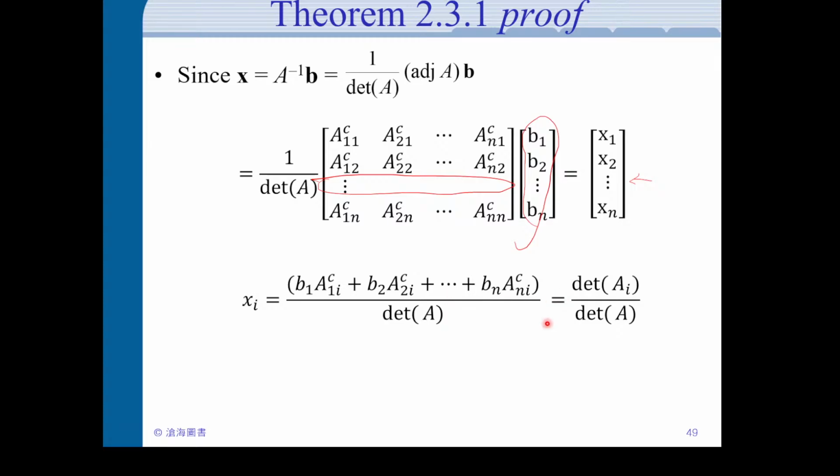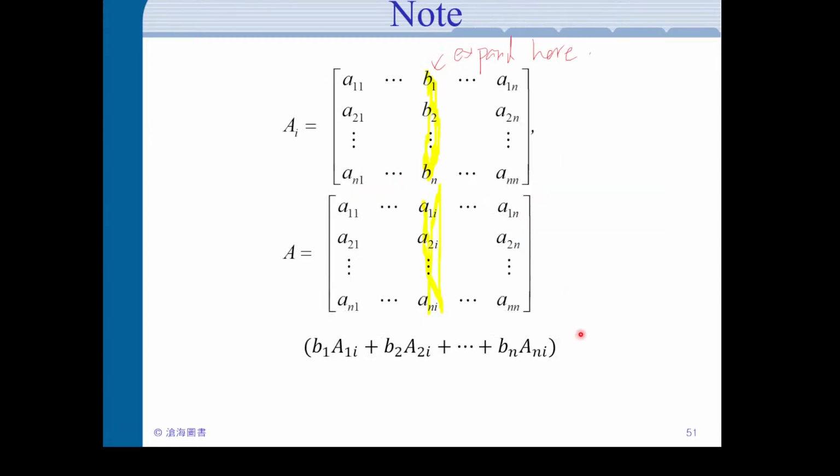And then this thing will equal determinant of Ai by a similar calculation to what we did in lemma 2.2.1.